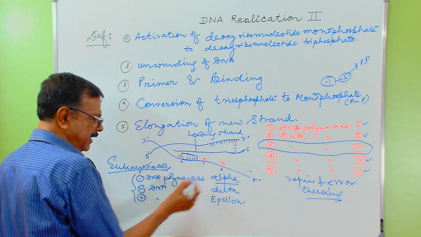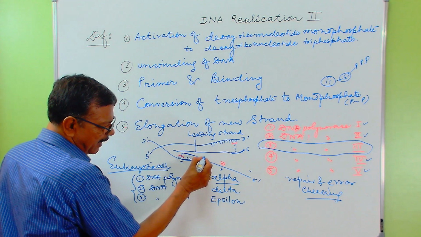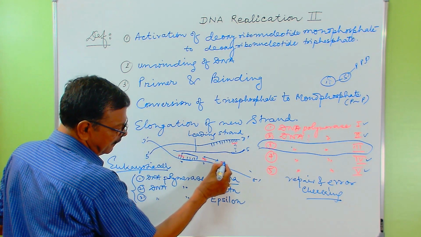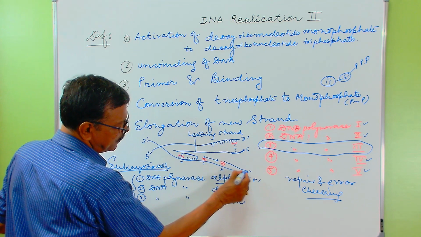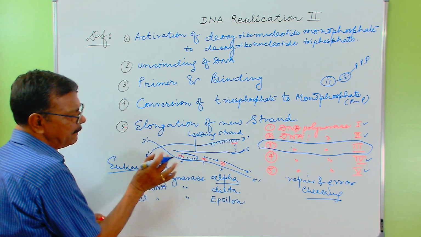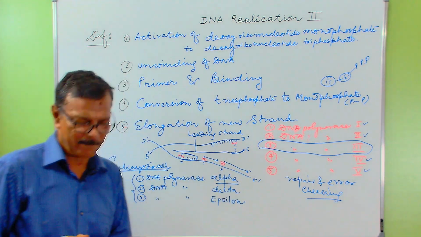Again, DNA polymerase will come and sit here and go in this way. Again, it will go in this way, forming a number of strands having gaps inside.